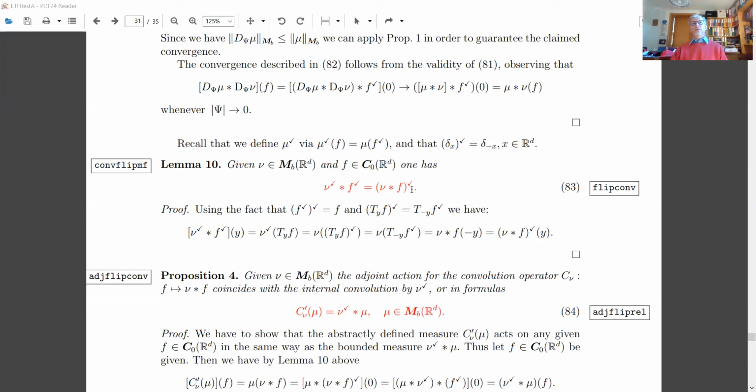If we threw away the flip, we would have the same composition law, but the moving average with respect to a Dirac measure at x would be describing t minus x. This was more or less the slightly simpler situation that we were discussing for the polynomials.